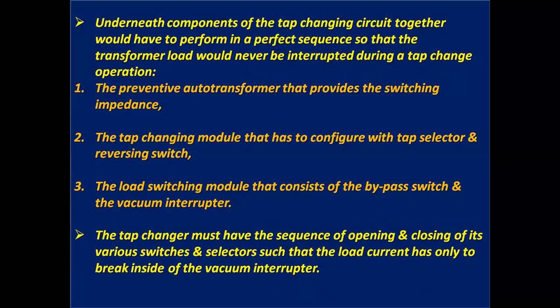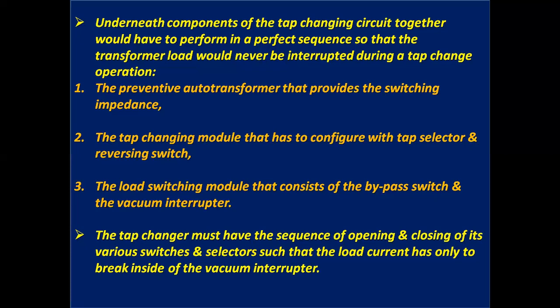Number 2, the tap changing module that has to configure with the tap selector and reversing switch. Number 3, the load switching module that consists of the bypass switch and the vacuum interrupter.